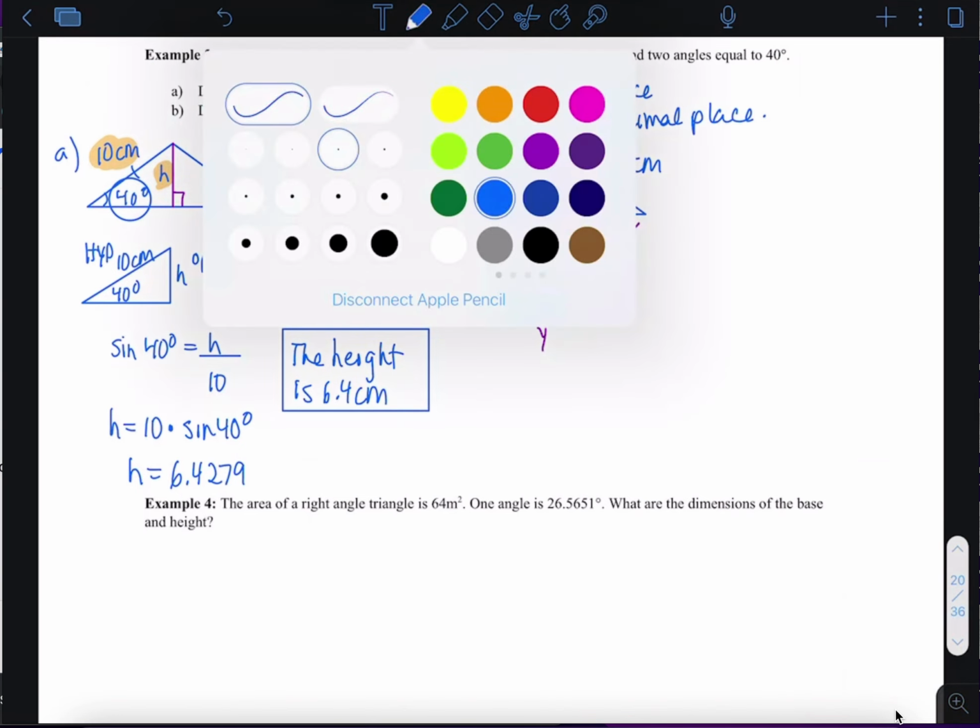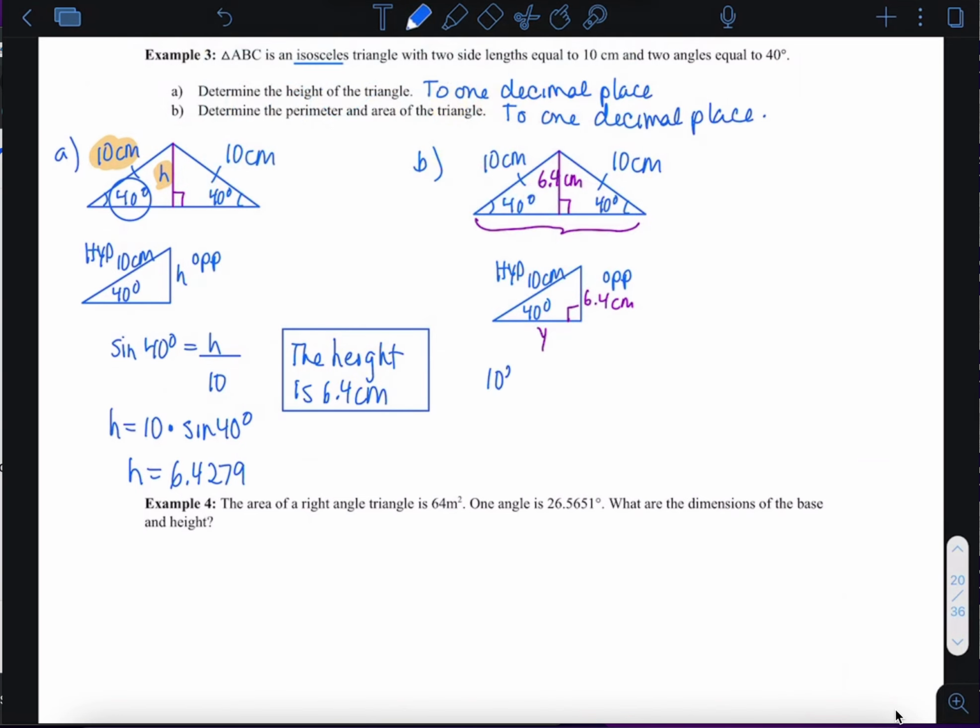And I can use Pythagorean theorem. So I know that 10 squared equals 6.4 squared plus, actually, let's use trig. Why not? Okay, so in this case, if this is my angle of consideration, I know opposite and hypotenuse, and the thing I'm trying to find is the adjacent side.